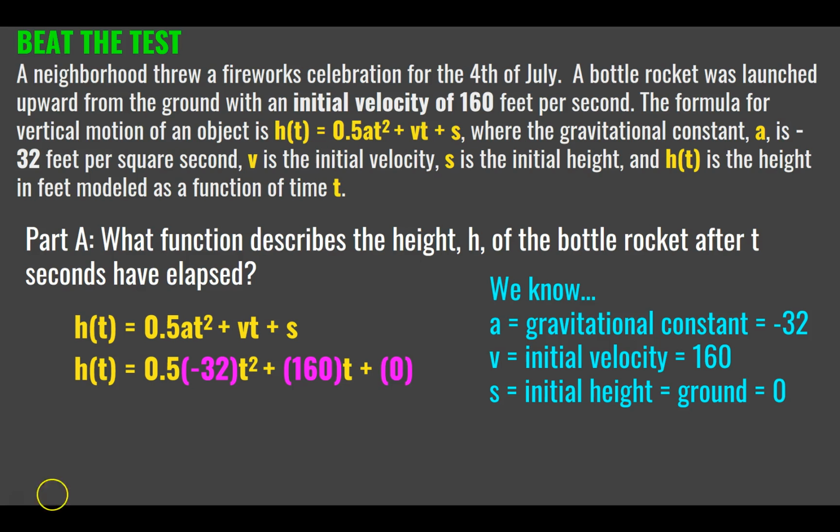We also knew t was going to stay in my equation because of this right here. This tells me what variable is in my equation. So I know t had to stay. The height after time t. All right, let's simplify. What is 0.5 times negative 32?